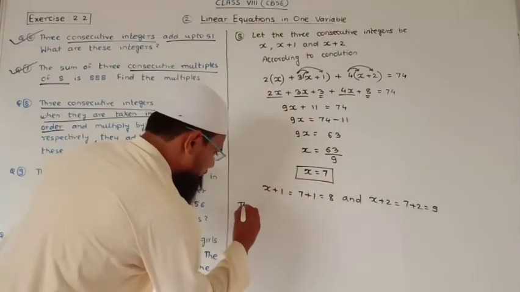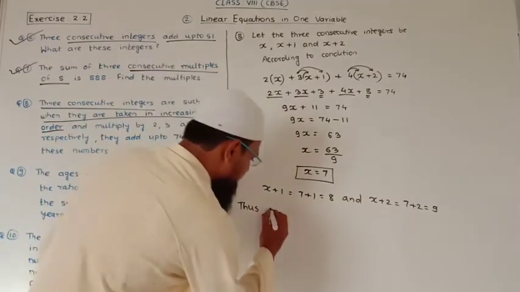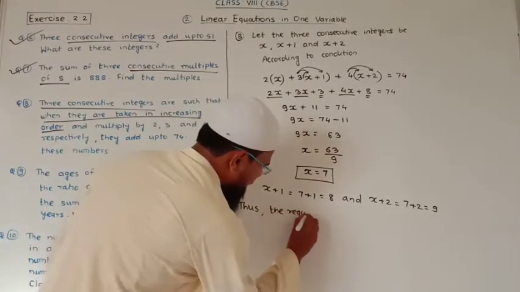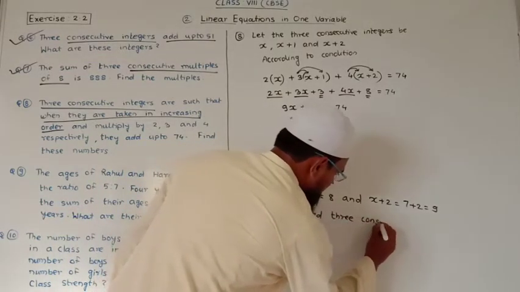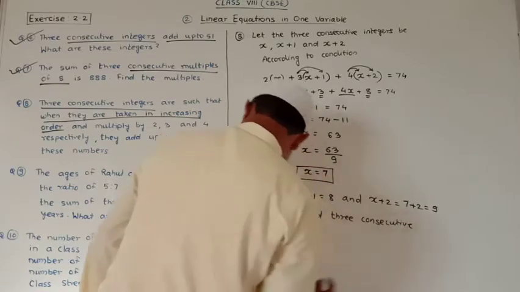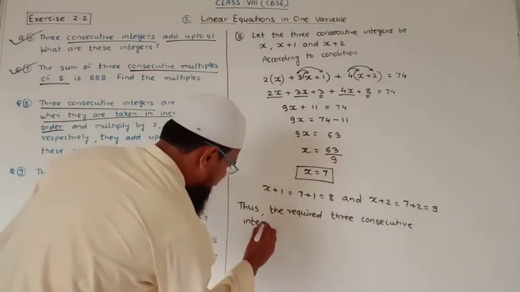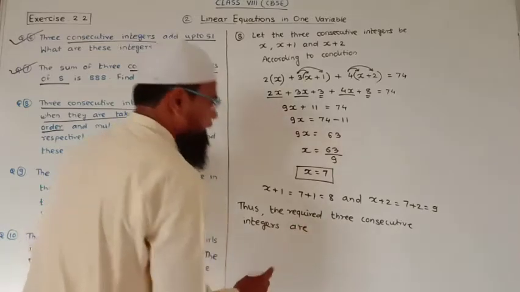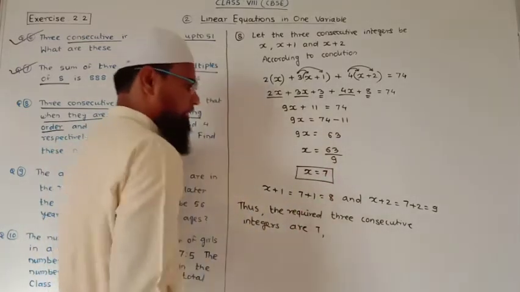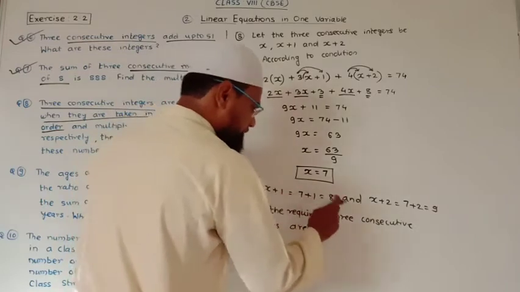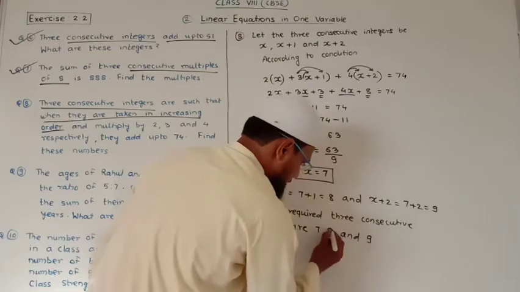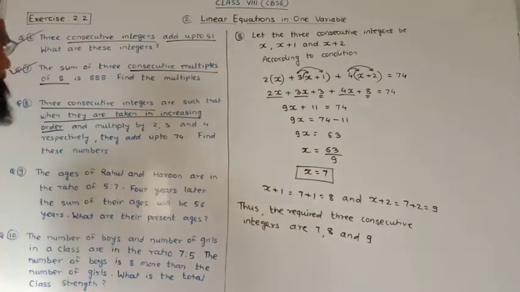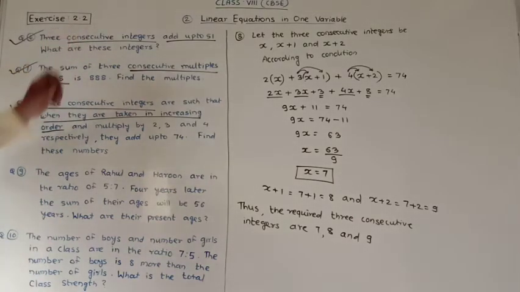So in this way we write here, thus the required 3 consecutive integers are first is x, which is nothing but 7, second is x plus 1, which is nothing but 8, and last one is x plus 2, which is 9. So in this way we completed the question number 8 of exercise 2.2.